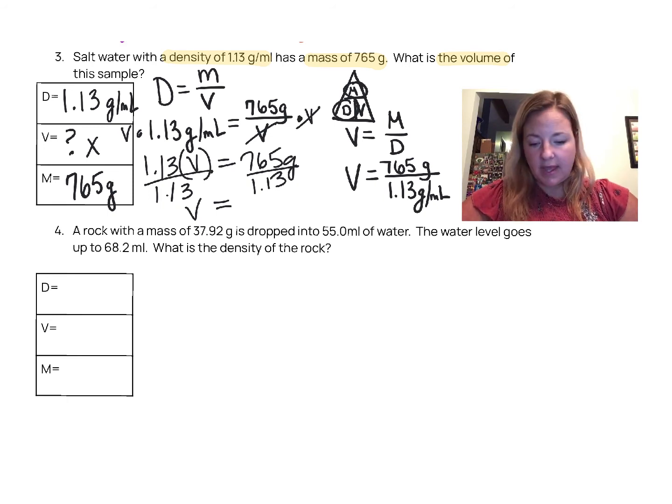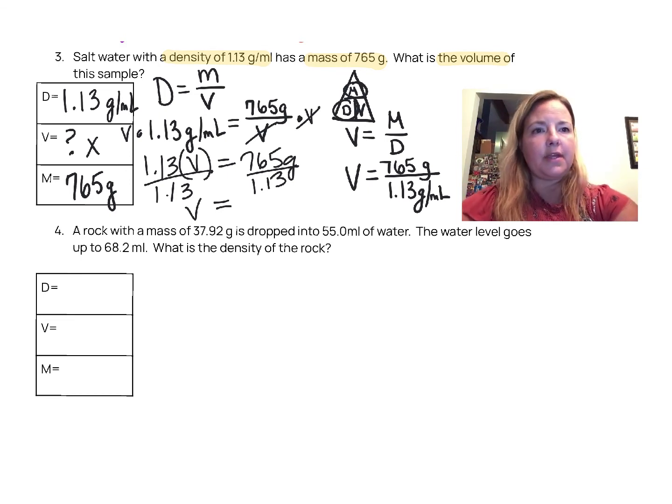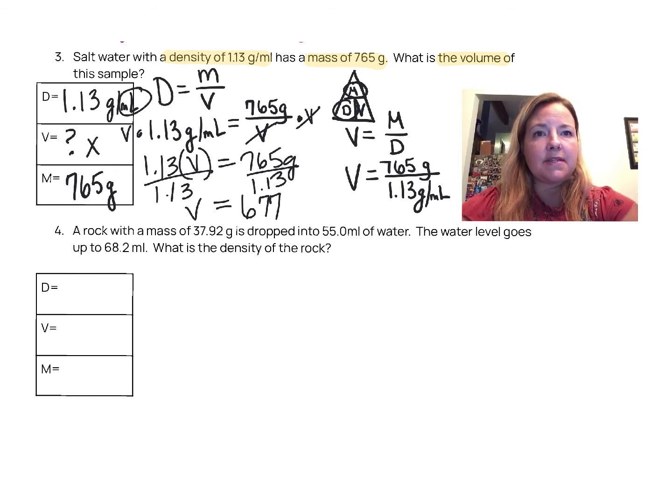You can see that both methods give you the same kind of algebra. So 765 divided by 1.13, you should get a volume of 677. Don't forget units. Notice our density is in grams per milliliter, so our volume must be in milliliters.